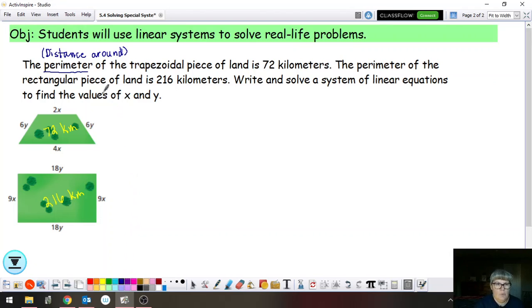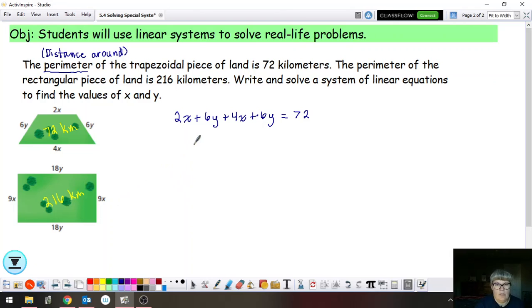Well, if perimeter is distance around, I can write for the trapezoid 2x plus 6y plus 4x plus 6y equals 72.